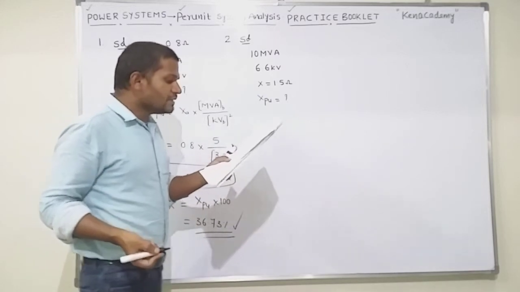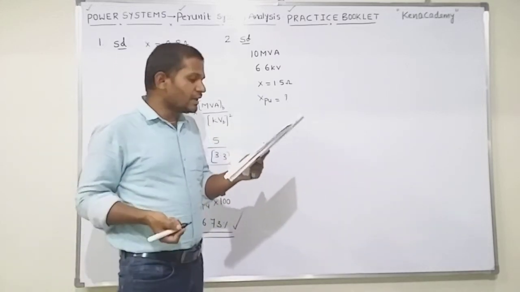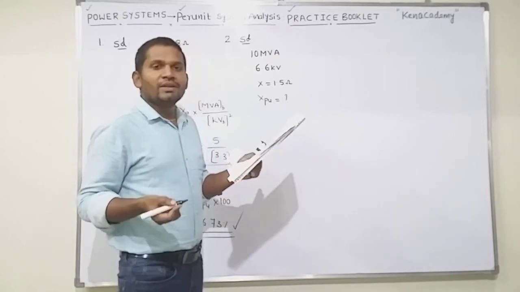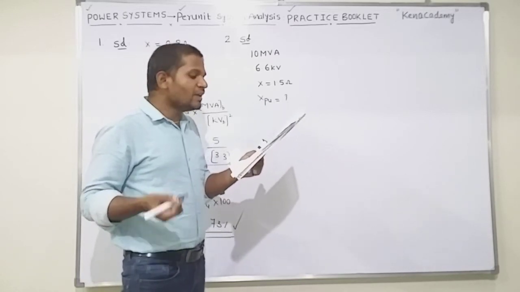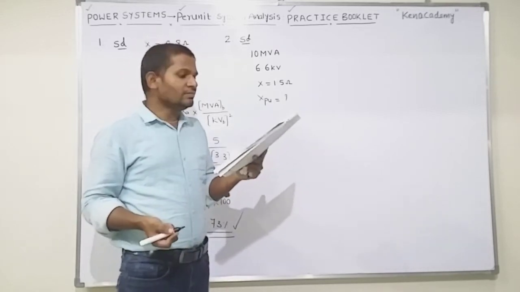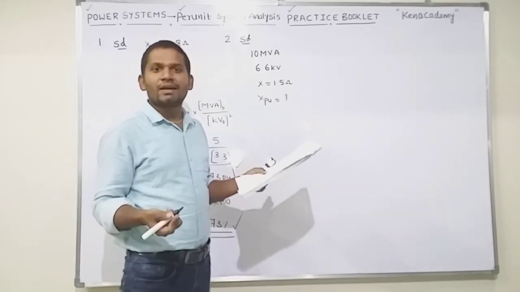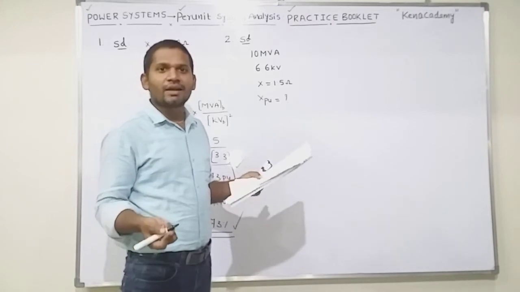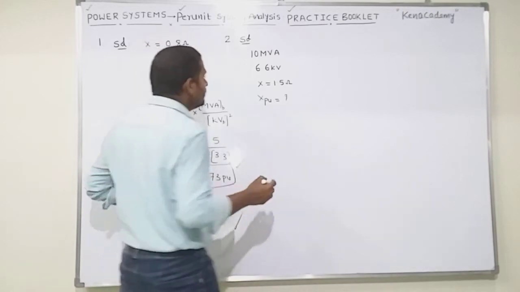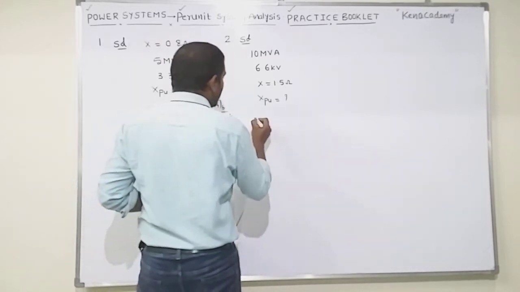Given is a three-phase synchronous generator, 10 MVA 6.6 kV. It is a three-phase, but it is not mentioned whether it is star connected or delta connected. If it is not given, generally you take a star connected generator only, a star connected synchronous generator or alternator. Then how to calculate?